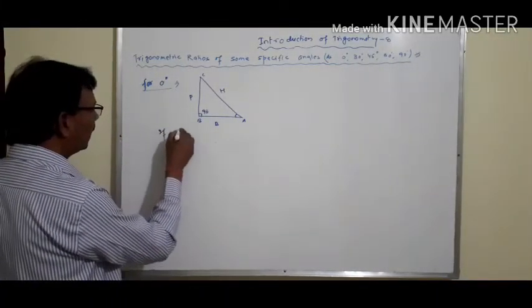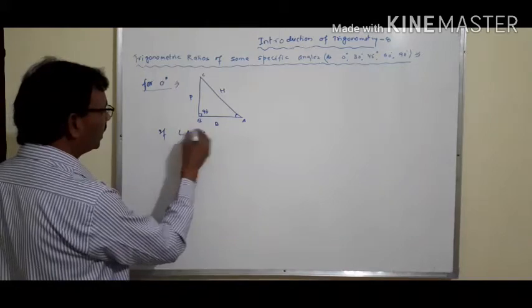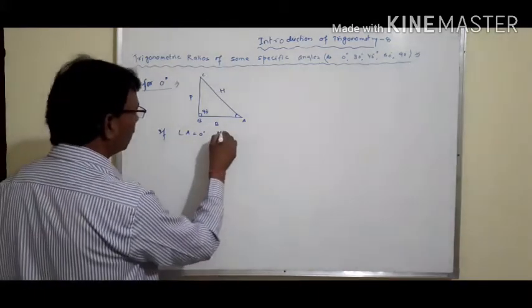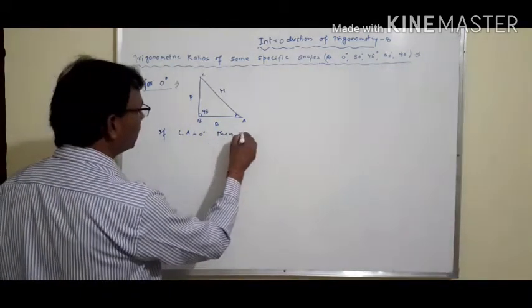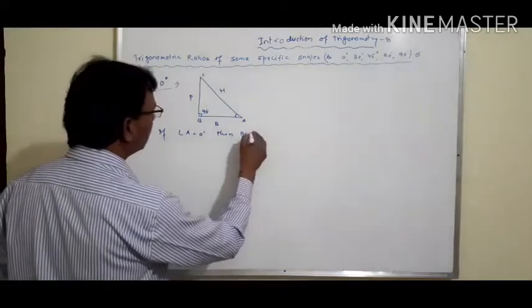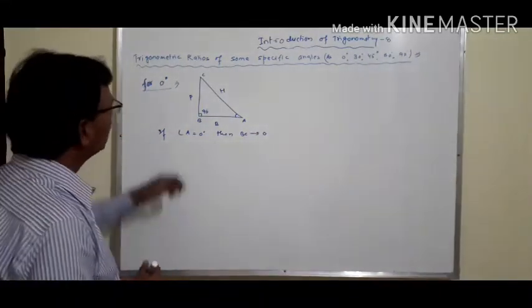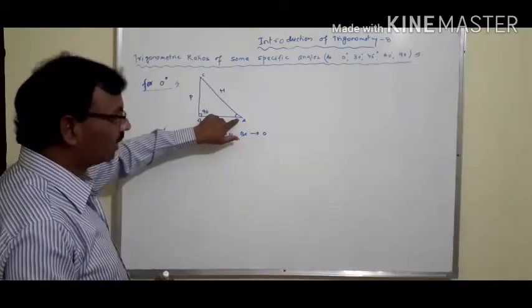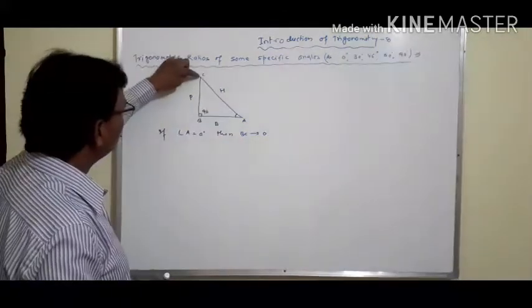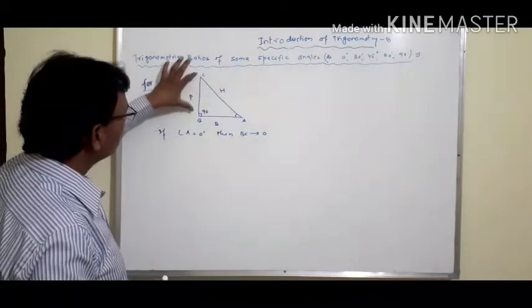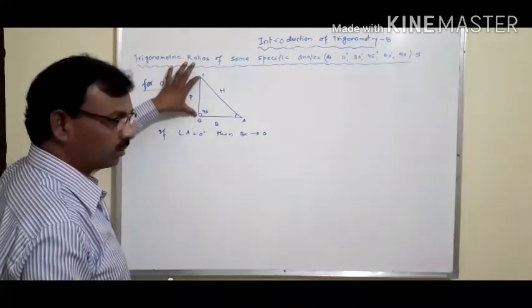If angle A equals 0 degree, then BC tends to 0. That means this angle will be 0 degree when the length of BC will be 0.